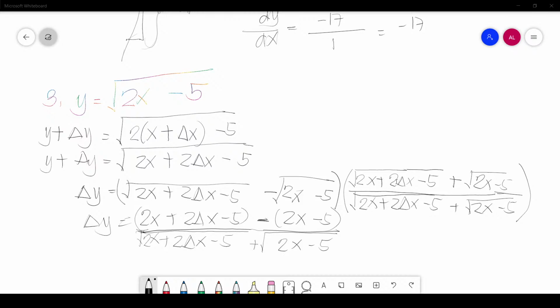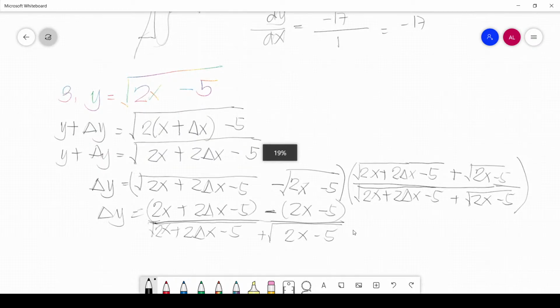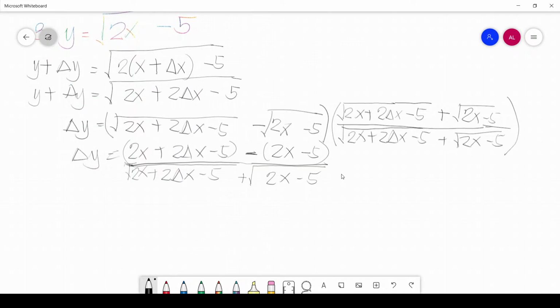Okay. So, yun. May makakancel tayo. Okay, 2x. Cancel tayo, negative 2x.